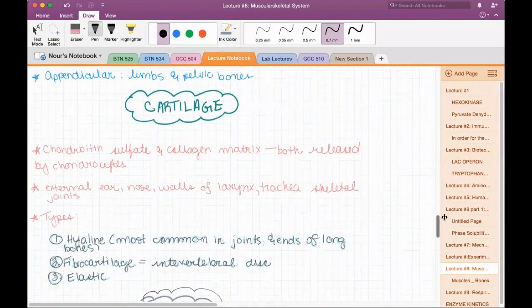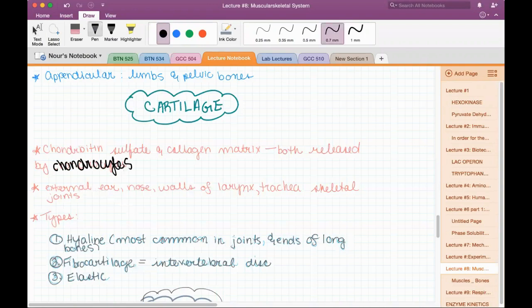Okay, cartilage: chondroitin sulfate and collagen matrix. It's a mix of these two chemicals, which are both released by cells called chondrocytes. Cartilage is basically made by these cells. The only reason I know a lot about this is because in my grad lab course, we did a lot of experiments where we had to break down cartilage, because cartilage is a very tough substance.